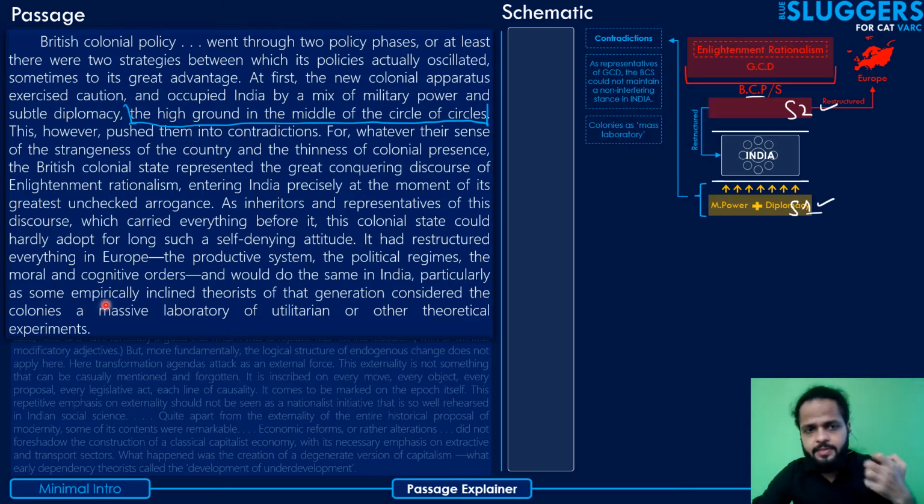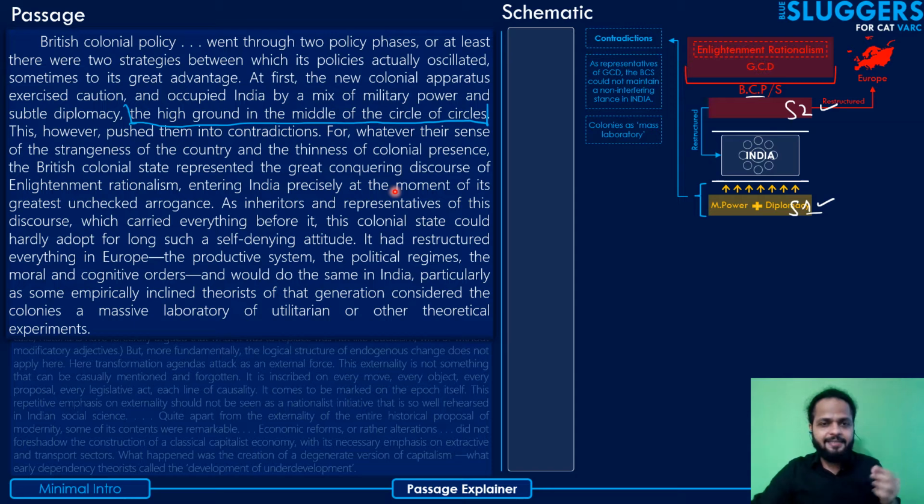So some of them believed that the places the Britishers acquired were nothing but massive laboratories of utilitarian and other theoretical experiments.